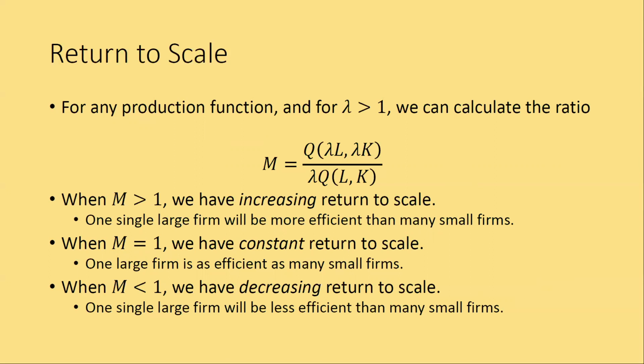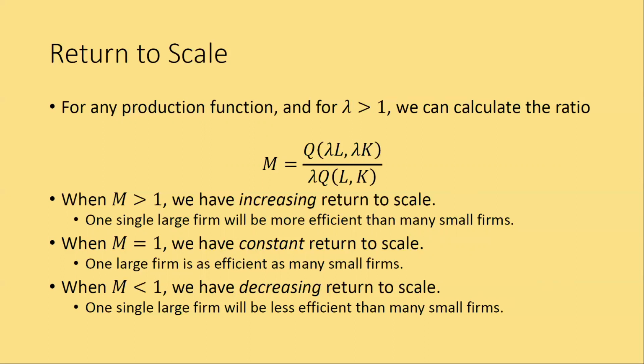I call this ratio m: if we multiply all of our inputs by lambda, how much can we produce, divided by lambda times the output we can produce before scaling up our inputs. So if this ratio is larger than 1, we have increasing return to scale. If this ratio is equal to 1, we have constant return to scale. And when this ratio is smaller than 1, we have decreasing return to scale.